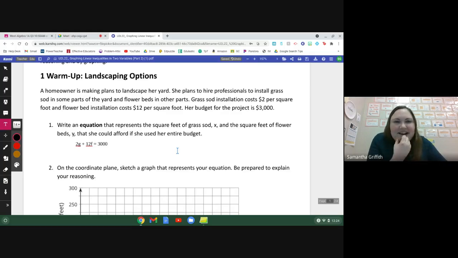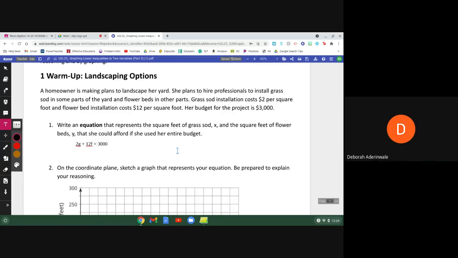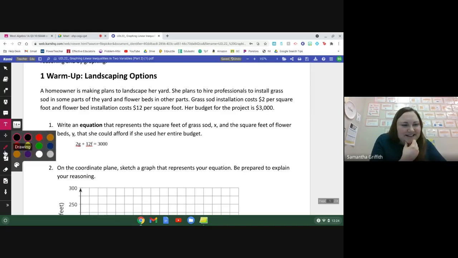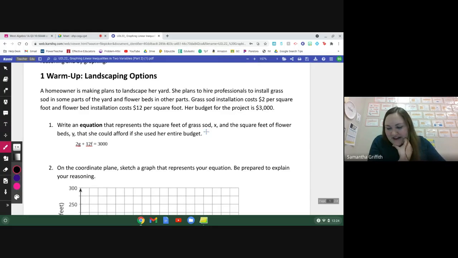Are we happy with it now? Anything we want to change? What I want to point out is in this problem here, they're giving us the variables to use. So they're telling us let's use X for the sod and Y for the flower beds.